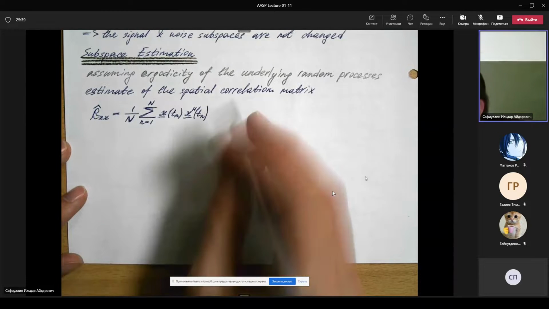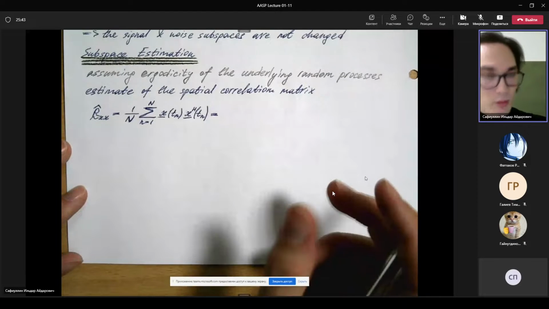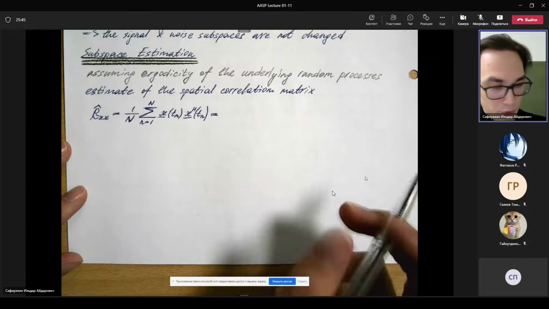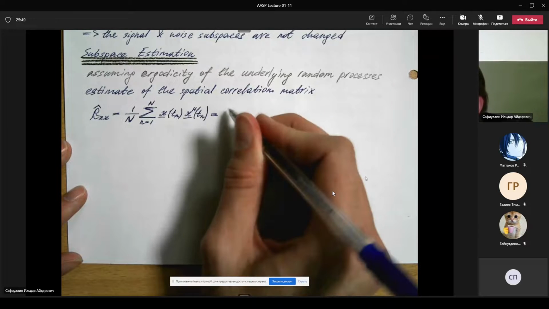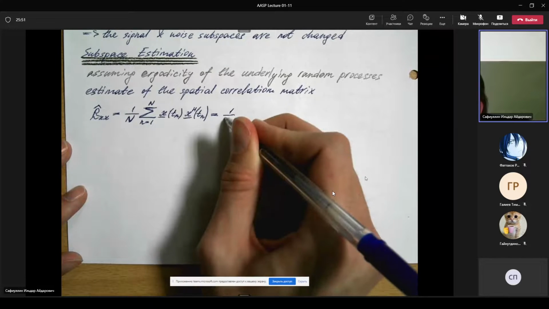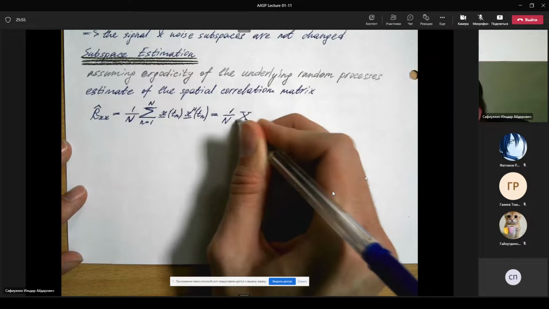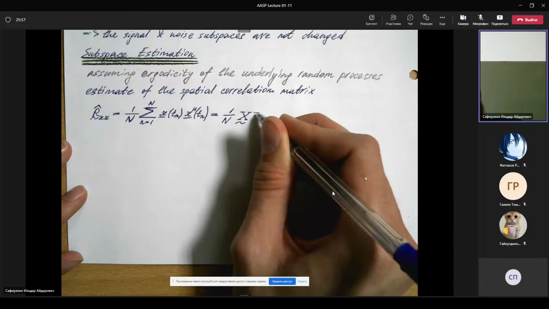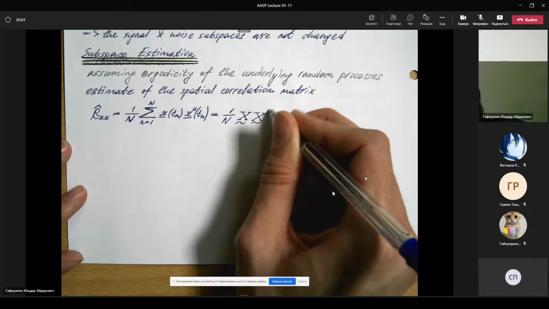Or we can rewrite this summation as multiplication of matrices. So here 1 divided by N, matrix X times matrix X Hermitian.